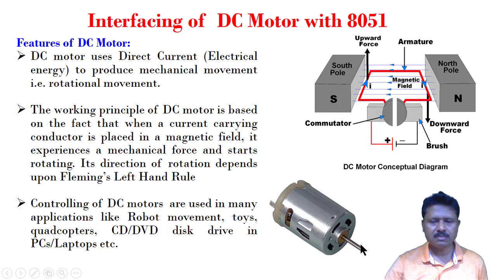Now the basic function of DC motor, all we know still. There are two permanent magnets, and within this magnetic field, the coils are there. This is one part of the coil, this is another part of the coil, and DC supply is given here. Because of the presence of this DC supply, the current is flowing through this coil.